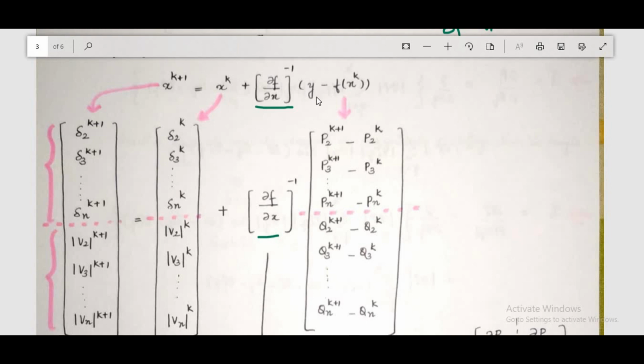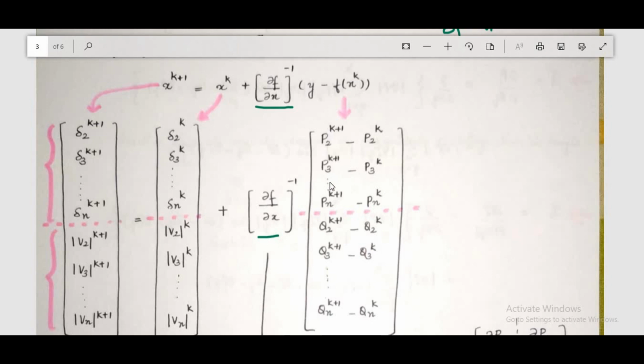Clear? So y minus f of x raised to k. What is f of x? It is simply y itself. So y raised to k plus 1 minus y raised to k. So P2 raised to k plus 1, first function, minus the same function with initial condition. Isn't it? Y is one function, and this is also y itself with the initial condition.